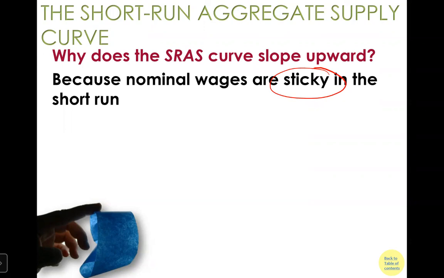Now let's see how this stickiness of the nominal wage is going to affect aggregate supply in the short run when there's a price change. That's what we're going to understand. I'll give you some numbers so that you understand. Let's follow the example I just gave you.